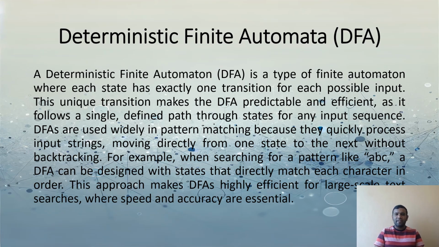DFAs are used widely in pattern matching because they quickly process input strings, moving directly from one state to the next without backtracking. For example, when searching for a pattern like ABC, a DFA can be designed with states that directly match each character in order. This approach makes DFA highly efficient.